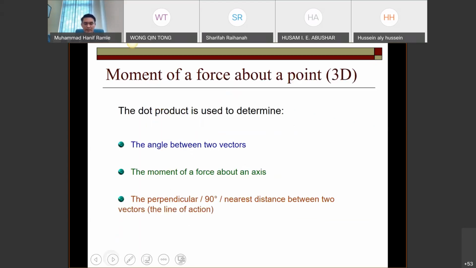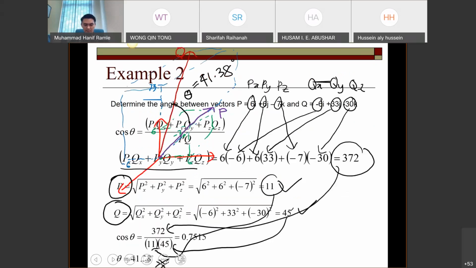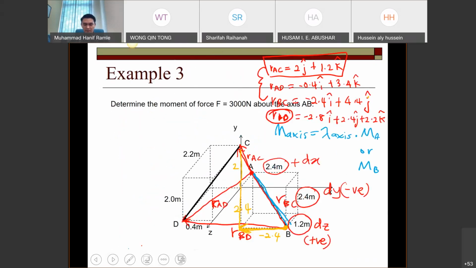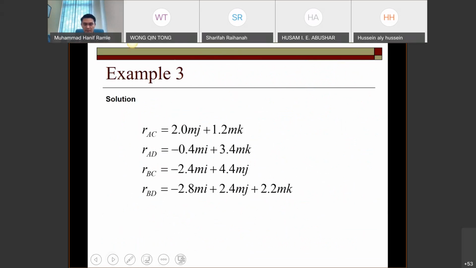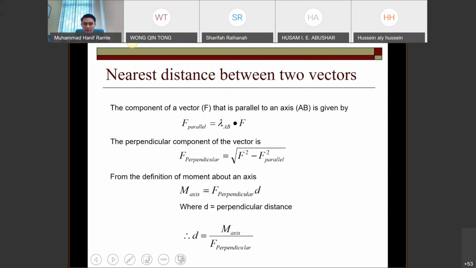But for today, it is the nearest distance between two vectors.